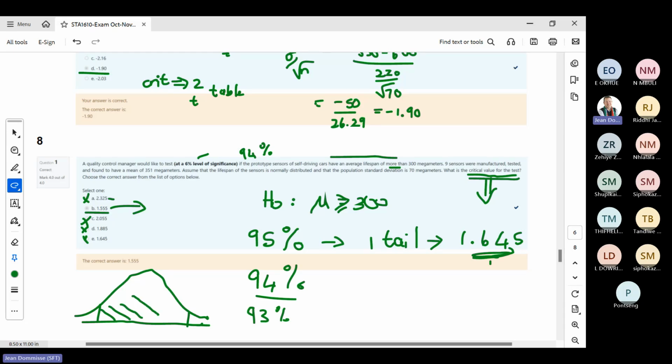So this area should have been 94%. Then there you add a 3% because this will be 3%. So you can go and check on the Z table where you have a 97%.